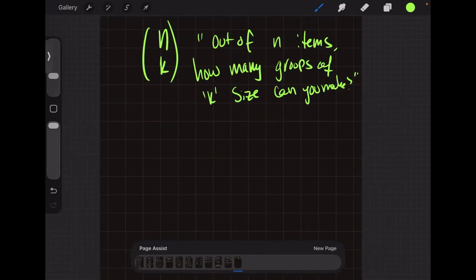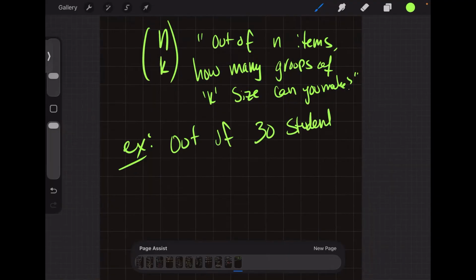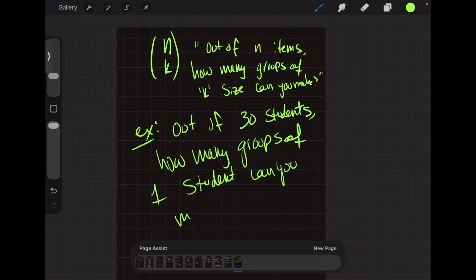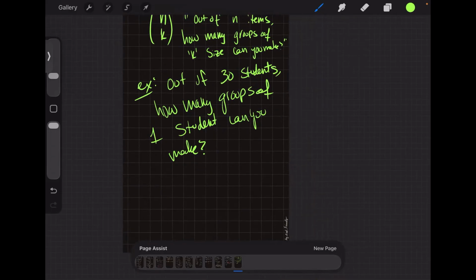So for example, out of 30 students, how many different groups of one student can you make? The answer should be 30. There's only 30 ways to make individuals.